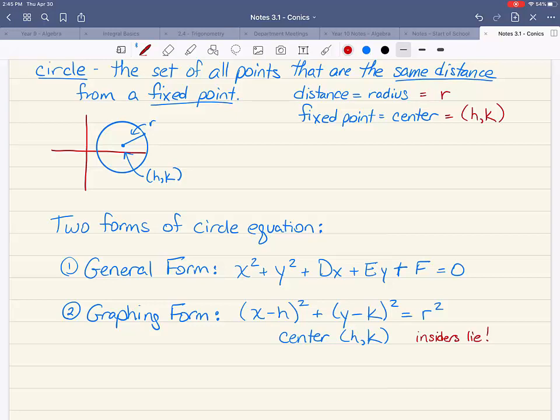Now that sounds kind of strange, maybe, but anytime you see a value inside of a parentheses, when you're pulling it out to find the center or a vertex, it's always the opposite sign of what you see. If it's inside the parenthesis, it lies about its sign.